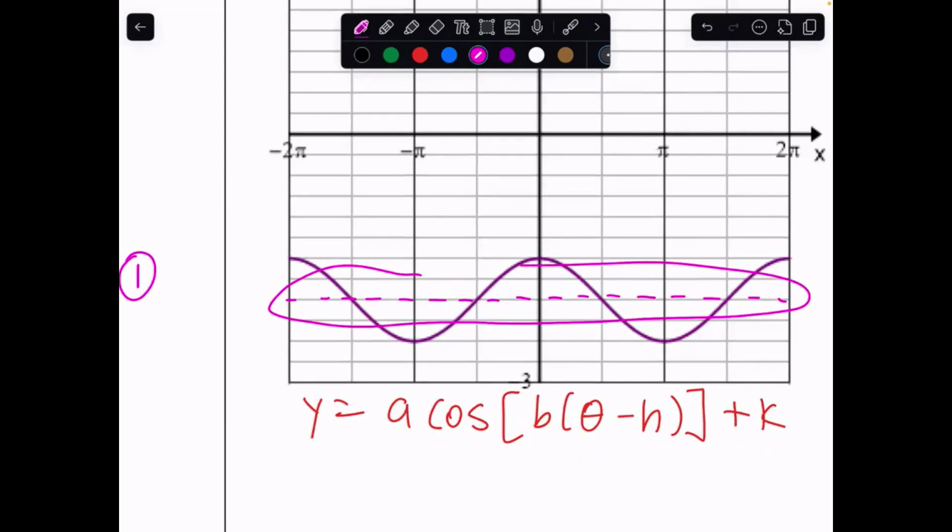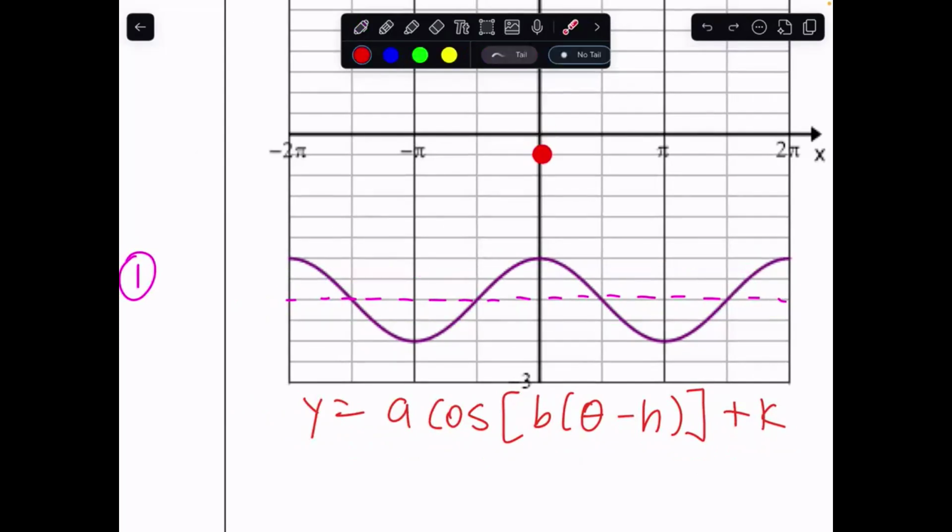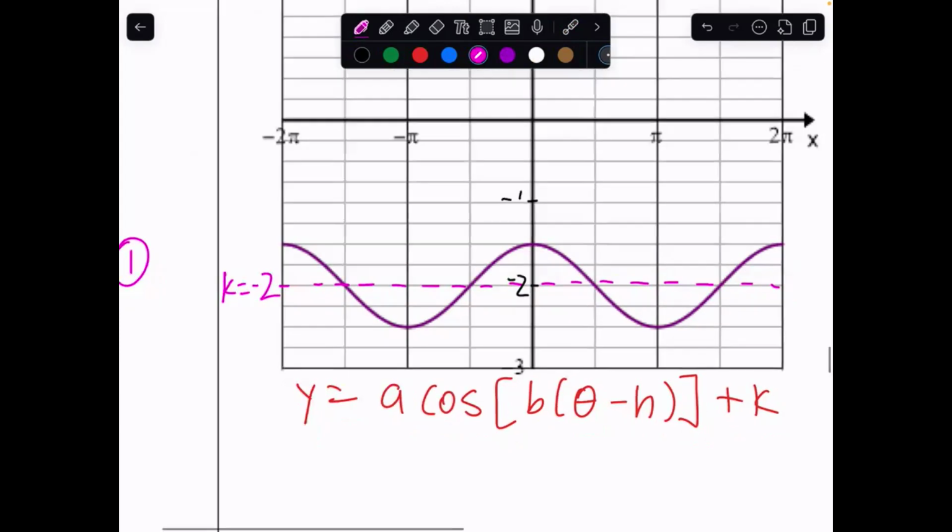The midline is right here. This grid's a little tricky. Notice each box is not worth 1 whole. Down here is -3. So that means that every 4 boxes is worth 1. So this is -1, this is -2. Okay, so the first thing is identify that k is going to be -2. Right, whatever the midline is, that's the k value.